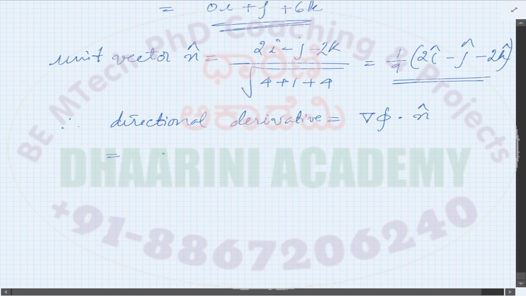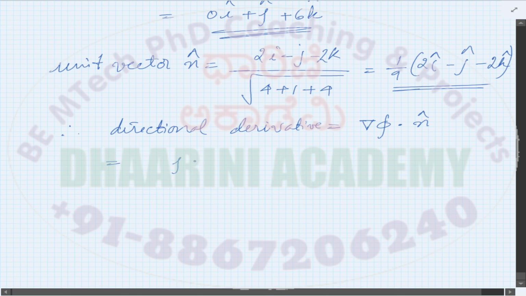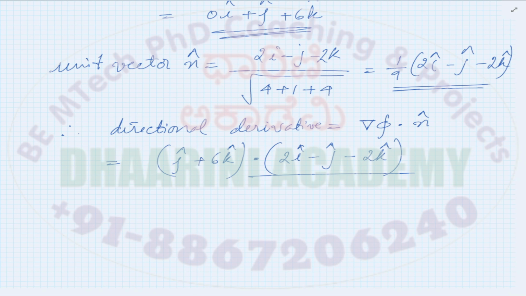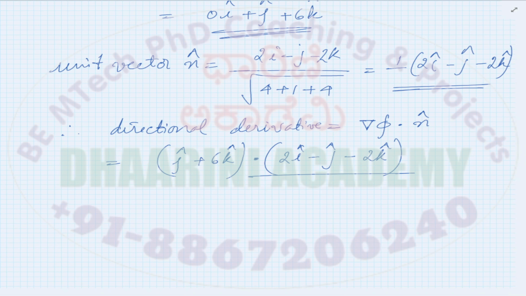So that is equal to, already we calculated del phi, which is j cap plus 6k cap, dot n cap, which is 1 by root 9 in the denominator, 2i cap minus j cap minus 2k cap. Sorry, this is root 9, my mistake. This is not 9, this is 3.